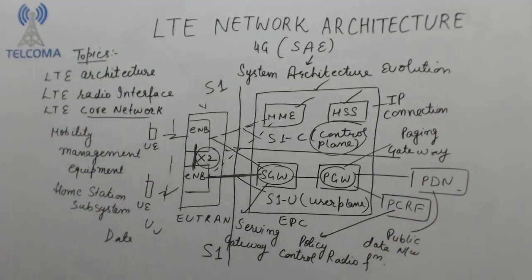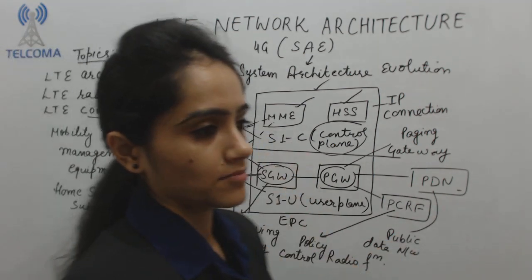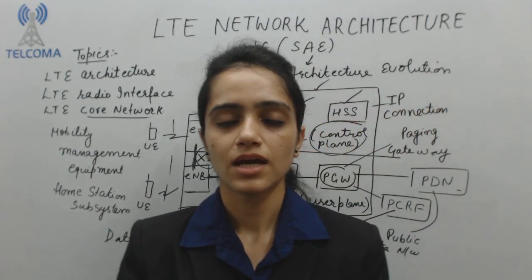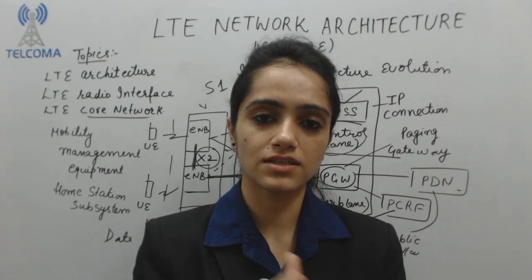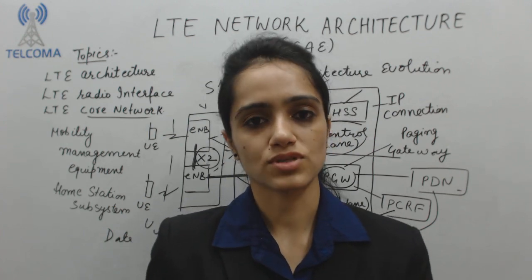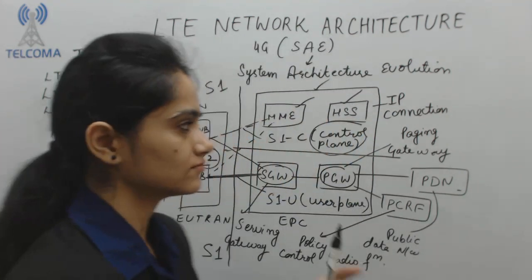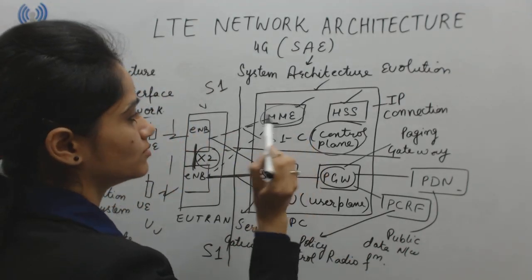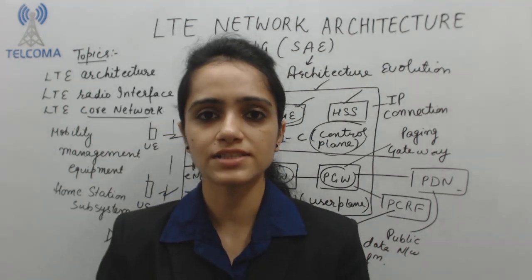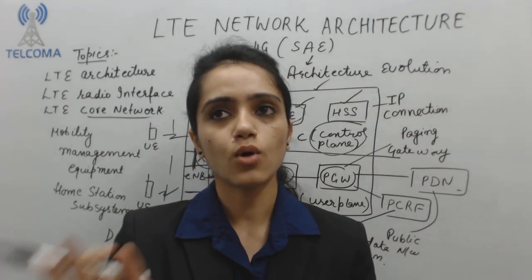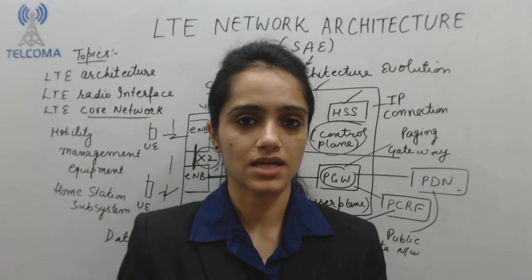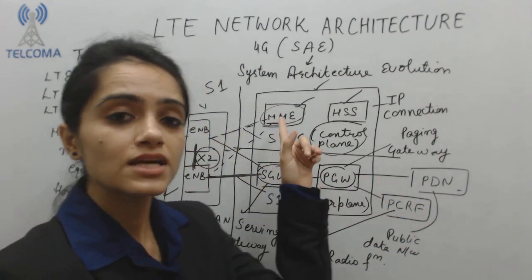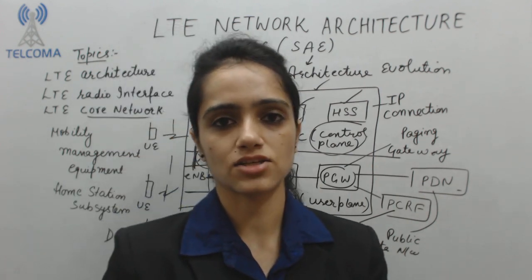Now, what are the functionalities of this? MME, Mobility Management Equipment. The functions are the same, but we have organized the functions in different databases so that processing will be fast. Mobility management equipment, as the term mobility says, has to deal with changing locations, that means faster handover, plus authentication processes.